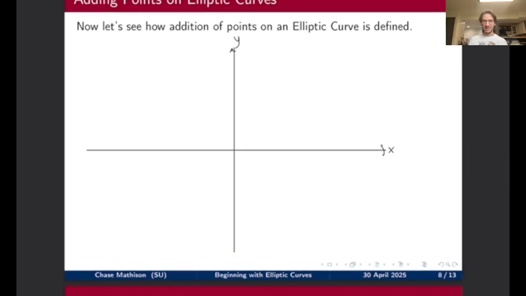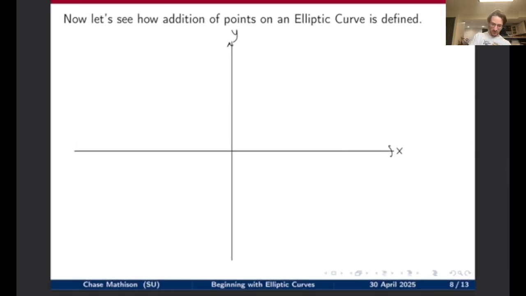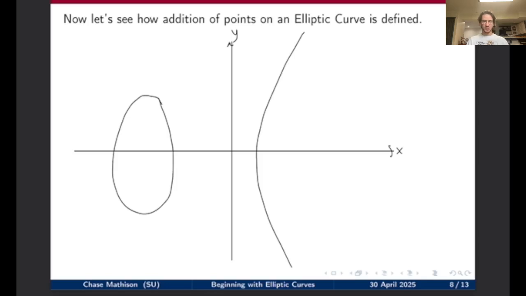And sadly, it is not just add the coordinates together. Let me draw an elliptic curve here. Maybe it looks something like this, and then it does something like this. Here's an example of an elliptic curve.